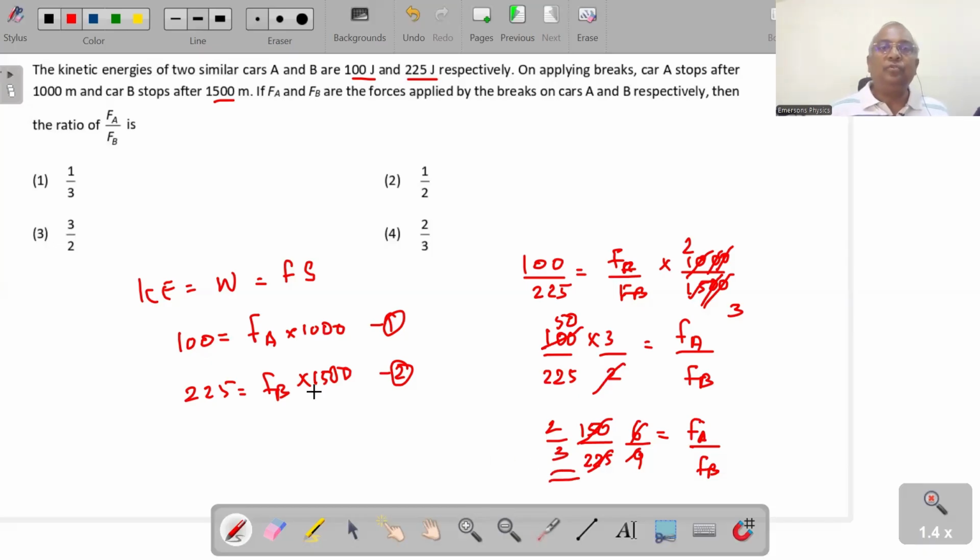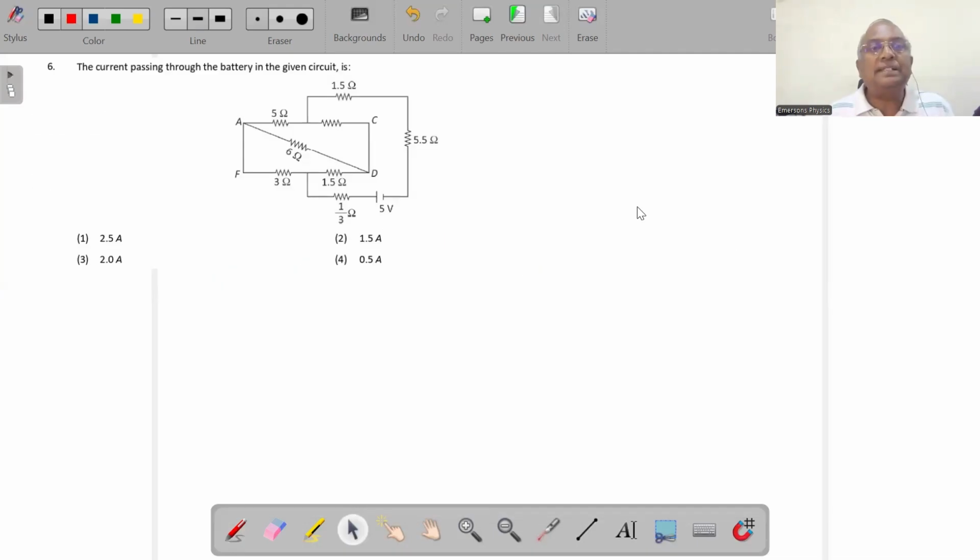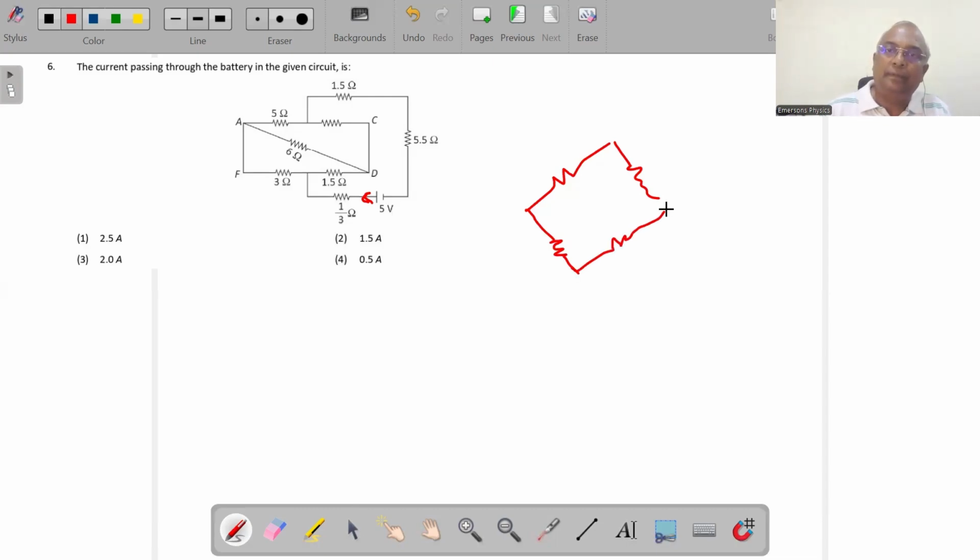Okay. 2 by 3. Current passing through the battery in the given circuit. We have to find out how much current comes from this battery. First, this is a Wheatstone bridge. I will draw the equivalent circuit diagram so that we can solve it easily. Okay, this is A end.